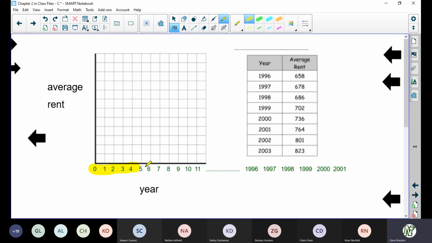Do you see from 0 all the way up to like 1995? We just don't need any of these numbers. We just need to start at this number and keep going up by ones, and then we have a really good scale. Does that make sense to you? It's almost like we need to be going up by ones, but we just can't start at 0. So put your hand in the air if that makes sense. This is the scale we want to use, but we want to get rid of all the yellow and just use the green.